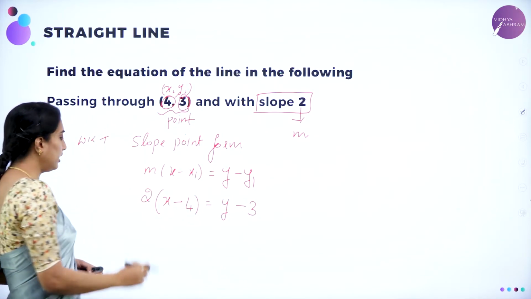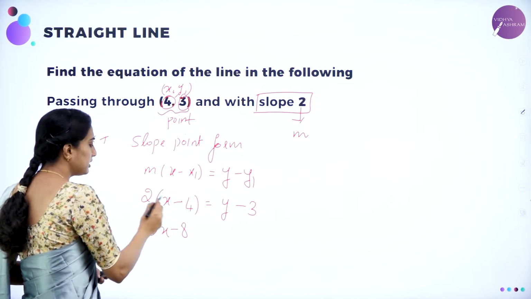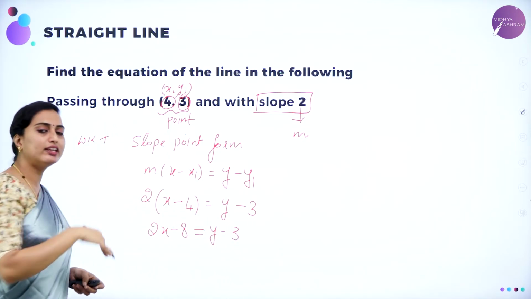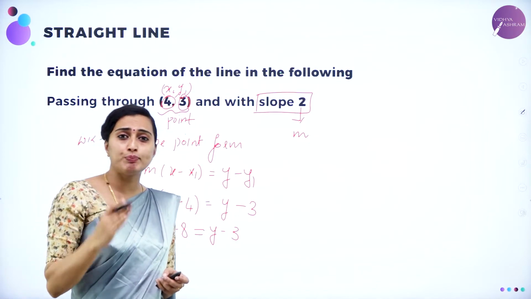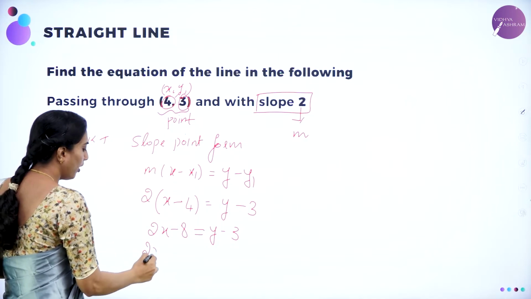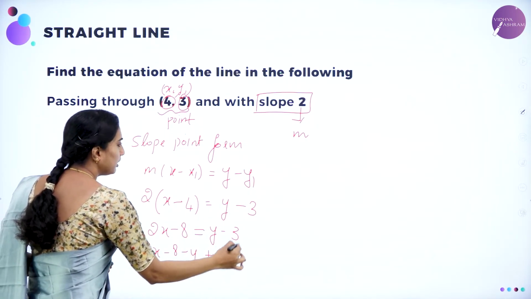So multiplying here, 2 into x is 2x, 2 4s are 8, plus into minus is minus, is equal to y minus 3. Bring all the terms to this side to bring it to the form of ax plus by plus c equal to 0. Therefore, you can have it as 2x minus 8 minus y plus 3 equal to 0.